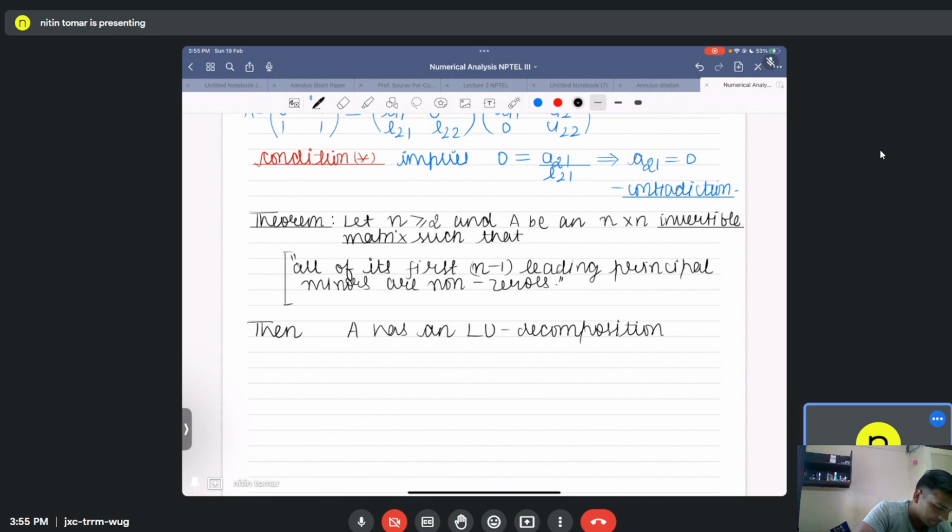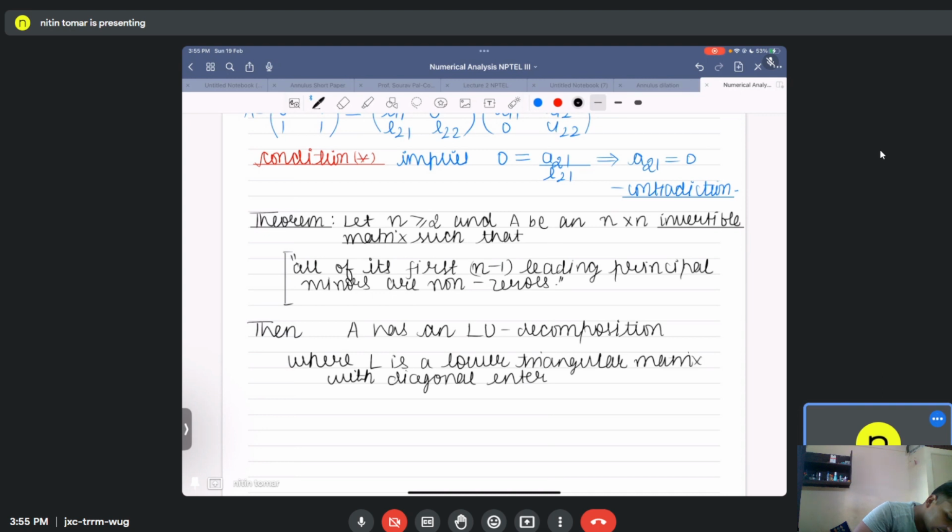It is this, where L is a lower triangular matrix with diagonal entries equal to 1. Do you get it?